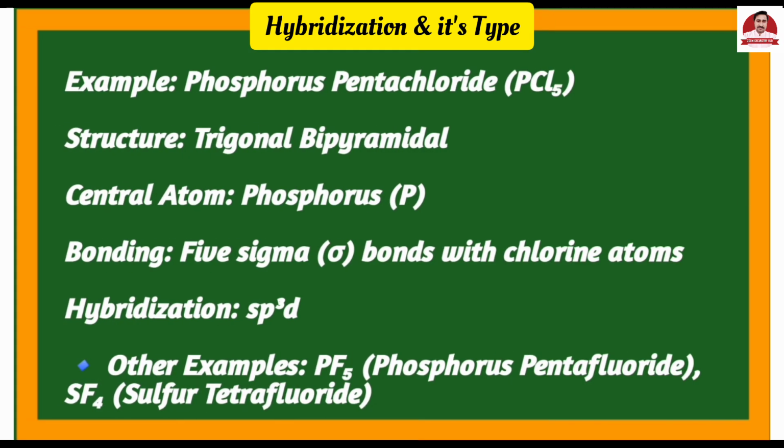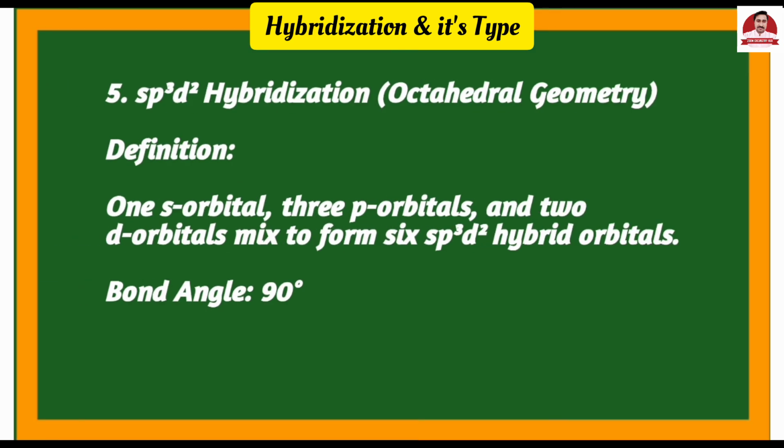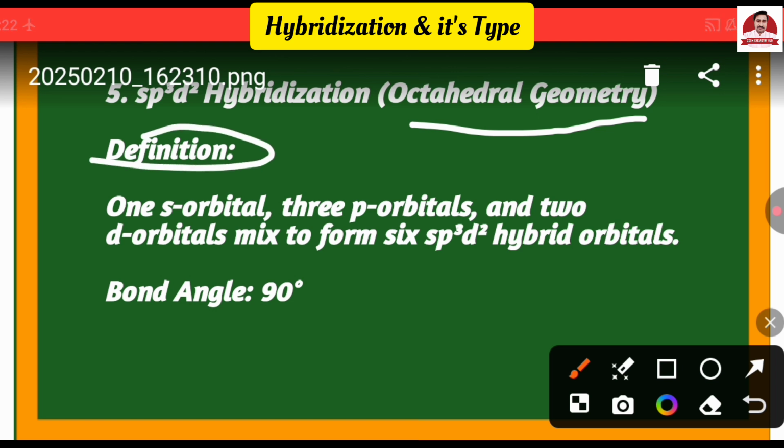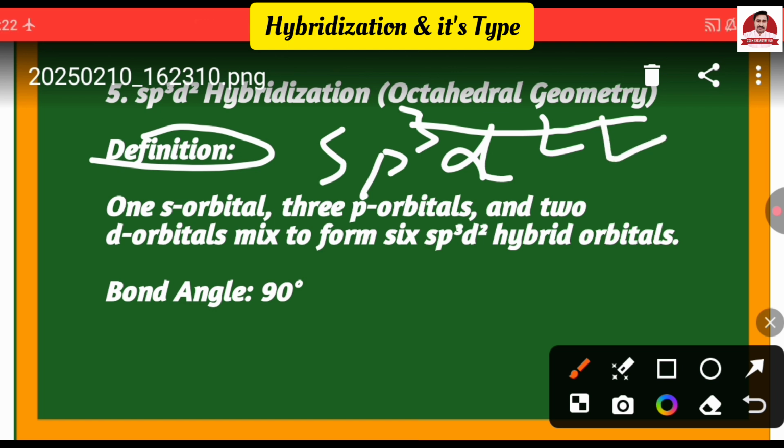Next type of hybridization is the sp3d2 hybridization. In sp3d2 hybridization, the geometry is octahedral. Definition: in sp3d2, we count how many orbitals participate: 2d, 3p and 1s.